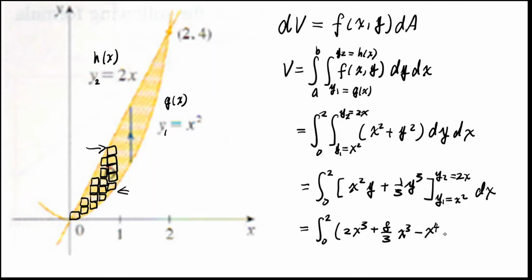And then here, minus 1/3 x to the 6th power. I'm going to write 1/3 first, and then x to the 6th power, and then dx. So it becomes a single integral now. And this is confusing stuff, so let me know right now if you're confused about it.